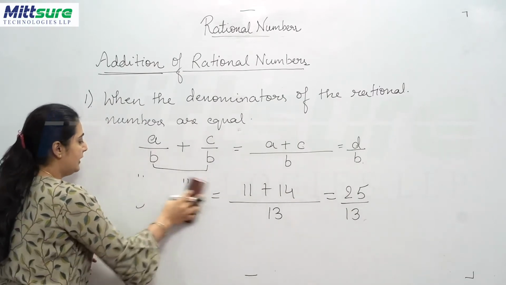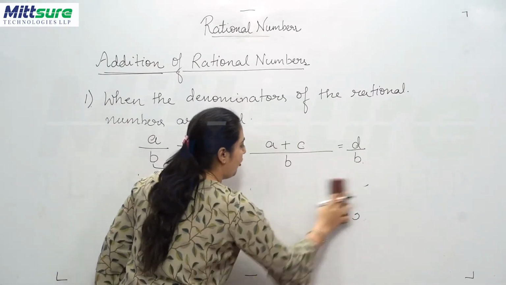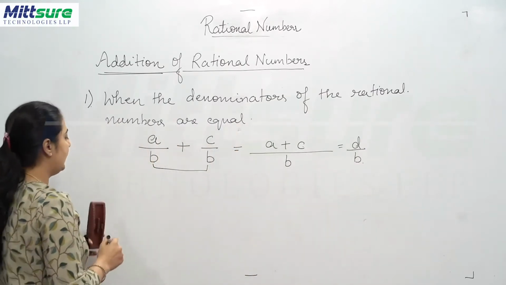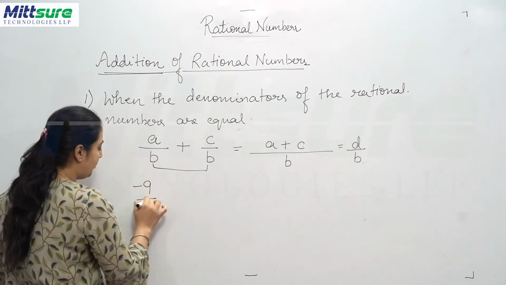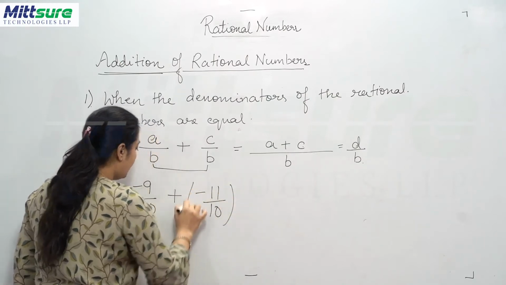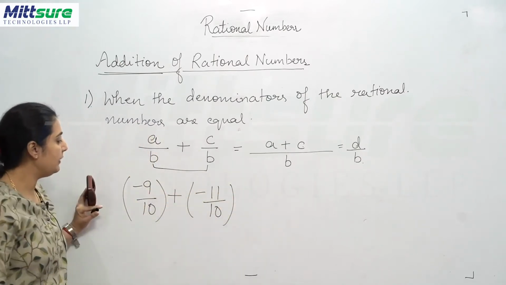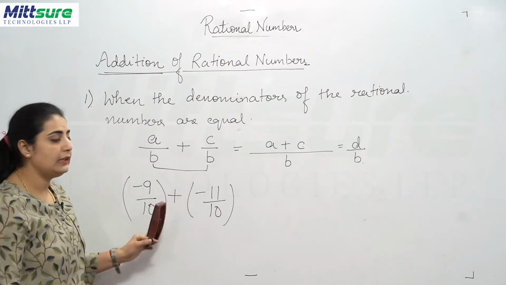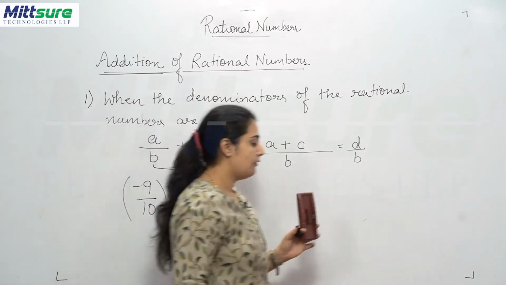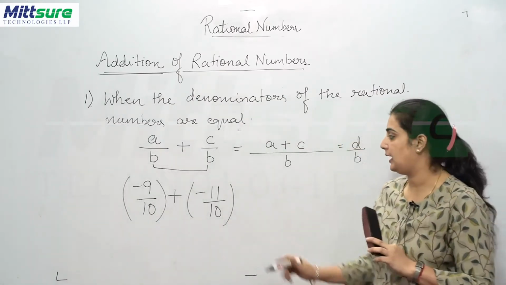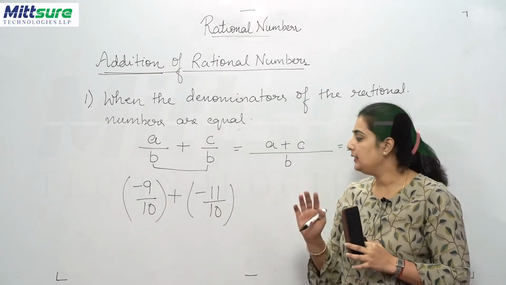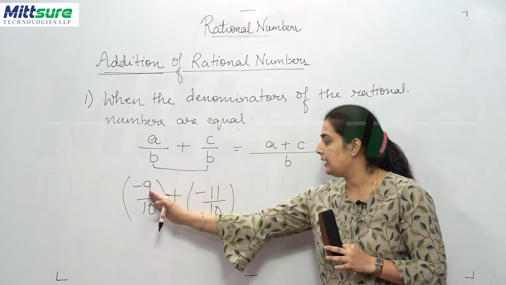Okay, now let's take two rational numbers with both negative signs. Minus 9 upon 10 plus minus 11 upon 10. So you have to keep in mind the rules of integers here, which say that when two integers have the same sign, they are always added irrespective of their signs. It doesn't make any difference which sign is present.